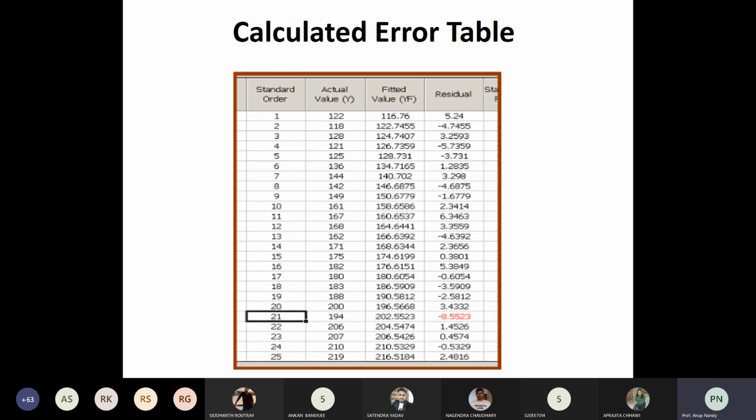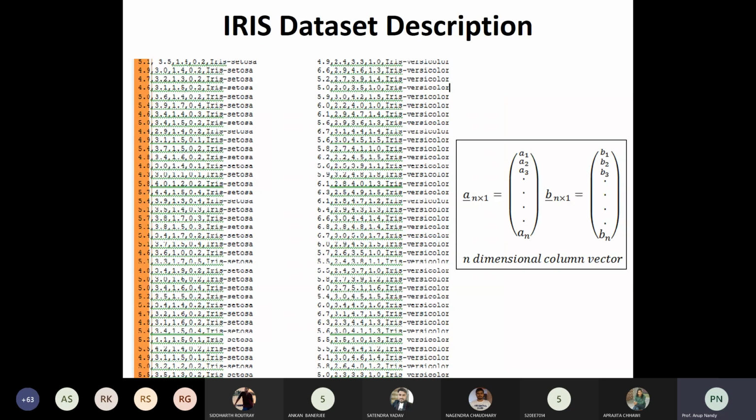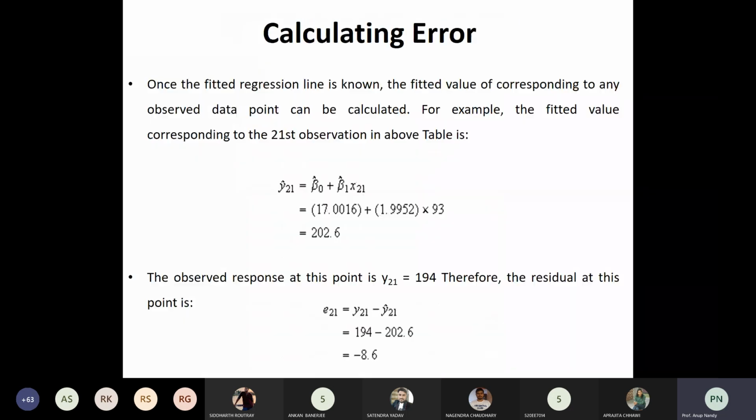Then you need to estimate this error, and you have to minimize this error in such a way that there will not be much significant difference. So it is okay if this minus is very small. But if there is a very large difference between observed and fitted, then there is a problem. This fitting is not proper. These are the things that you need to do.